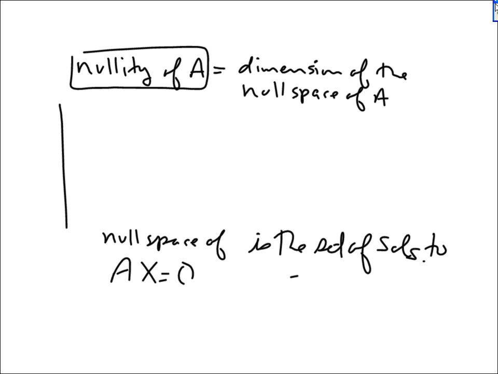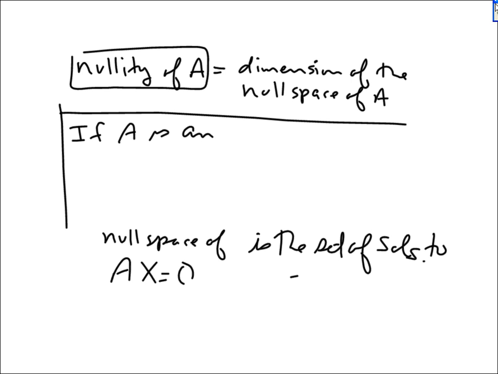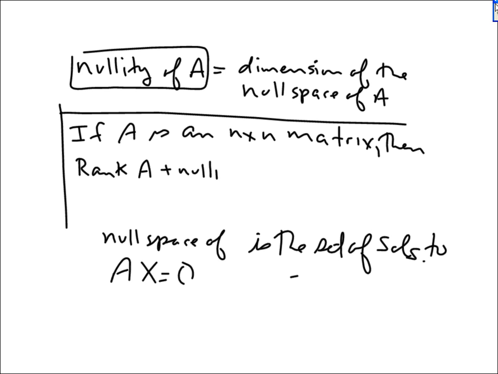And now, I'll sneak it in here, we have this major theorem. If A is an n by n matrix, then the rank of A plus the nullity of A is equal to n.